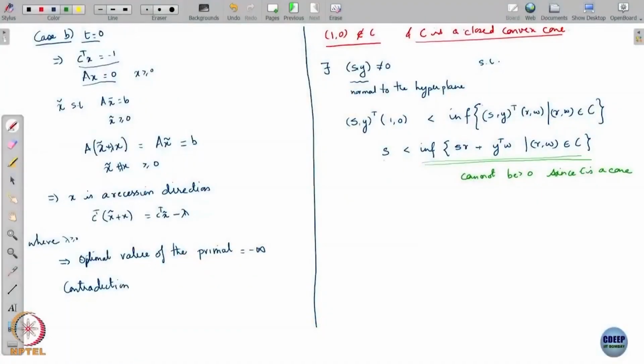Now, what is the problem with -infinity? I know that this infimum is definitely greater than some s, where s is some finite value. We have been guaranteed that there exists such an s. I do not know what it is, positive, negative, whatever. It is definitely some finite value. So, the infimum therefore cannot be -infinity.